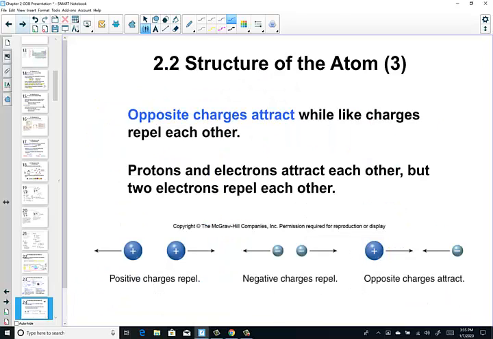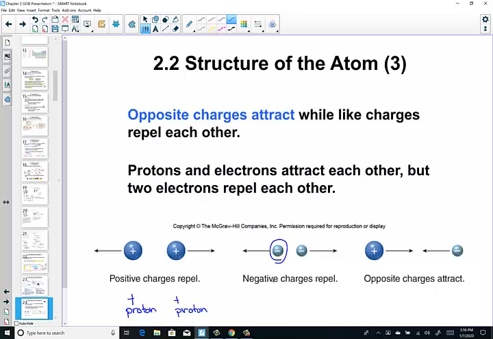We know a basic law of electricity: opposite charges attract, and like charges repel. So in terms of the structure of an atom, two positive charges will repel each other. A positive proton, when it becomes close to another positive proton in the nucleus, there's a repulsion. The electrons exhibit the same characteristic.